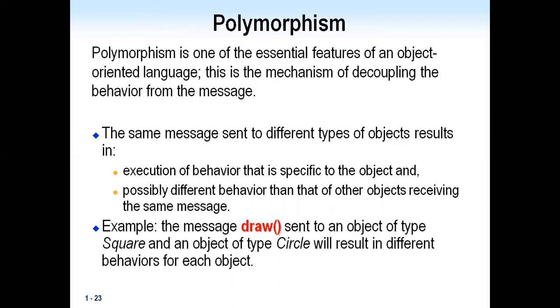Suppose the draw message is sent to an object of type square; it performs the square behavior. Suppose the same message is sent to an object of type circle; it results in different behavior. The square has different properties from the circle: a square has length and height, while a circle has only a radius. After receiving the draw message, it performs some action; it will draw the square.